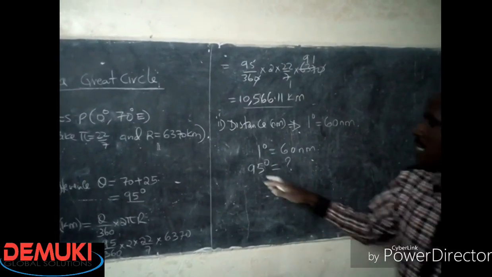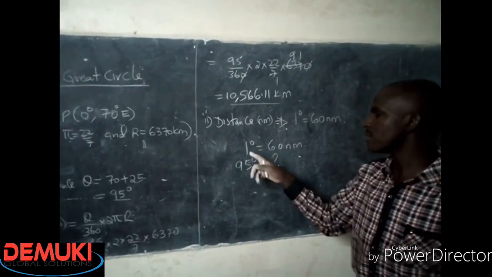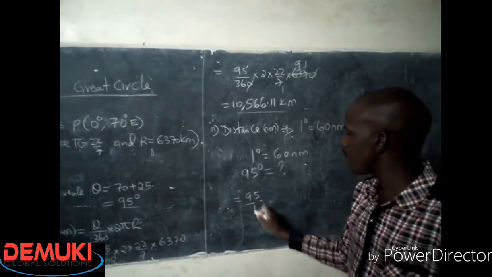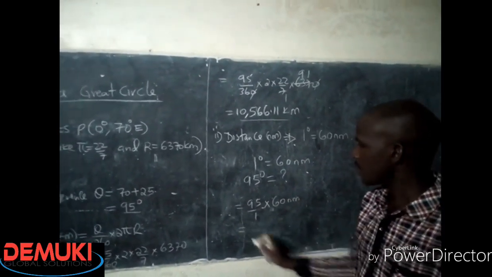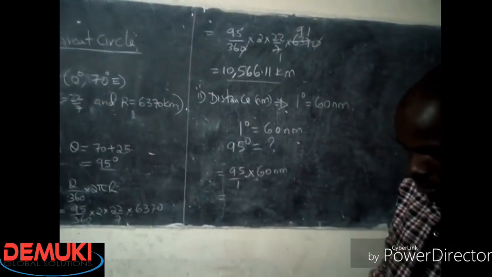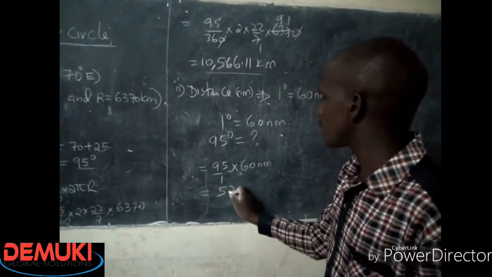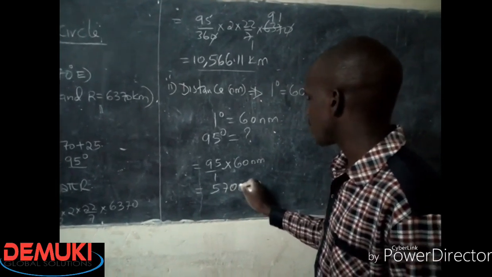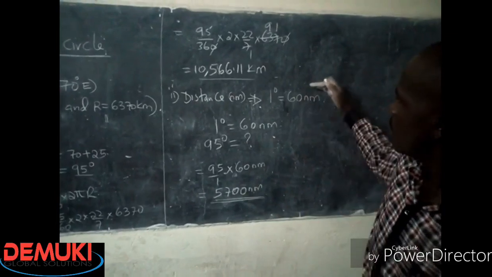We do it as 95 divided by this, multiplied by this, and we shall have 95 over 1 times 60 nautical miles. So this gives us 95 times 60, which is 5,700 nautical miles.